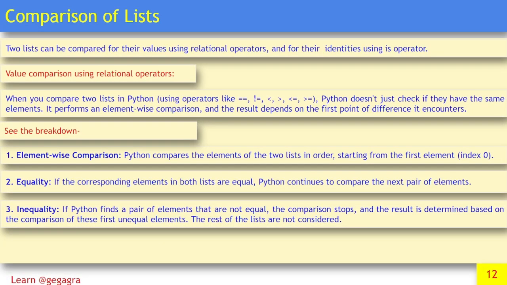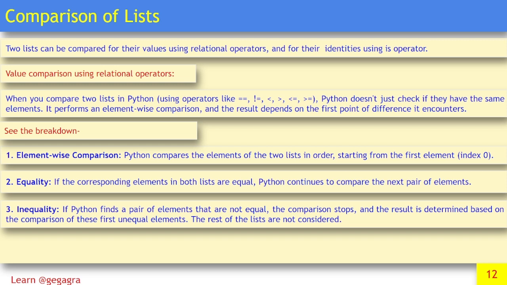Inequality. If Python finds a pair of elements that are not equal, the comparison stops, and the result is determined based on the comparison of these first unequal elements. Suppose 1 2 3 in the first list and 1 2 3 in the second list, but in the first list the fourth element is greater than the fourth element of list 2, then the result will be made on the fourth element of both the lists.